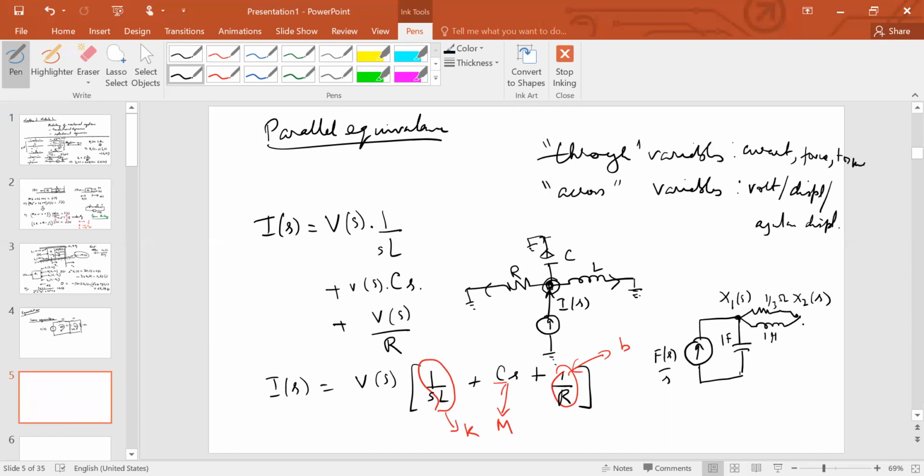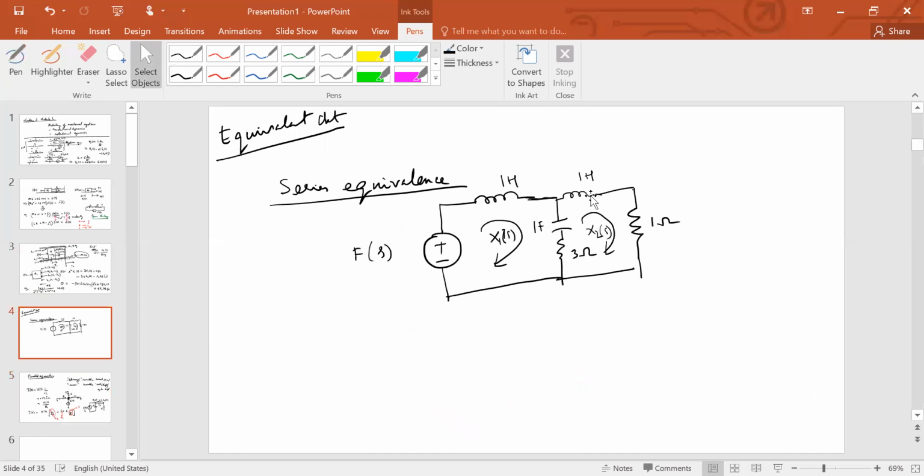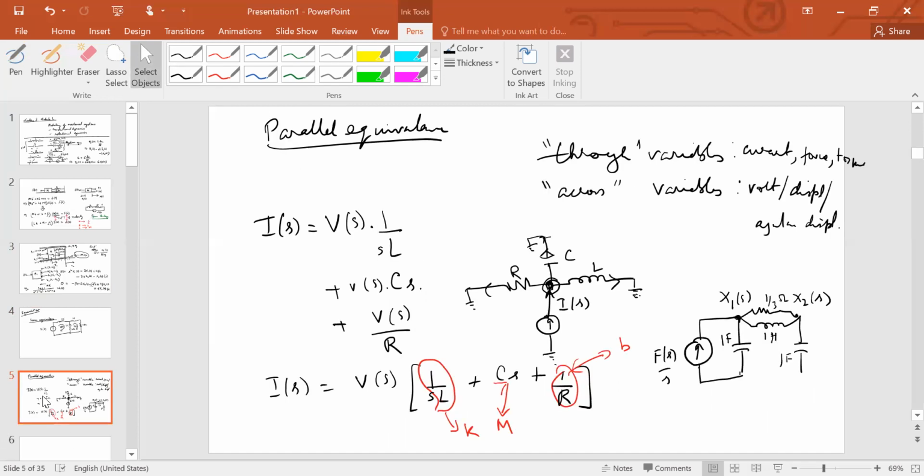And then there will be this capacitance of 1 farad again here. Remember, the capacitance is now the mass. Just like here, in this case, the inductor was corresponding to the mass, here the capacitance is going to correspond to the mass. So check, you should be able to see the analog here.